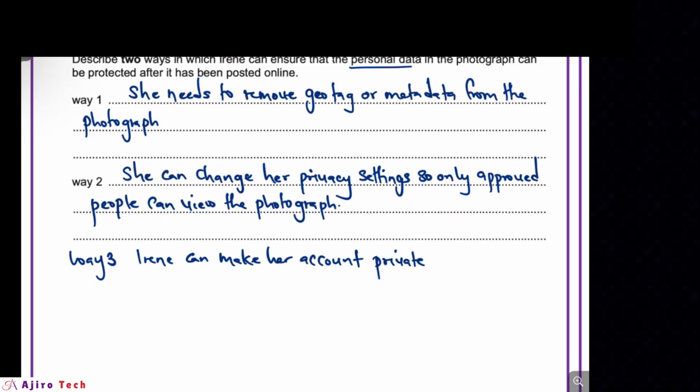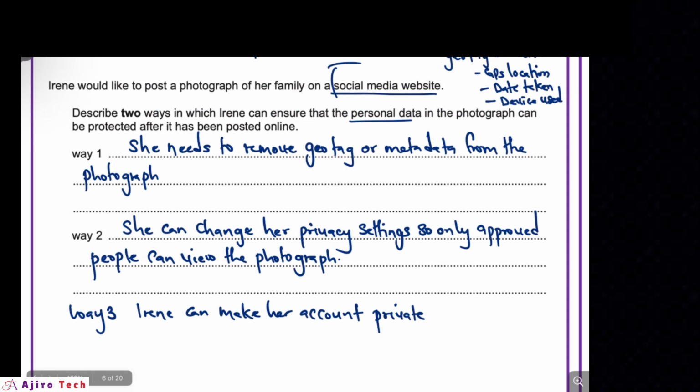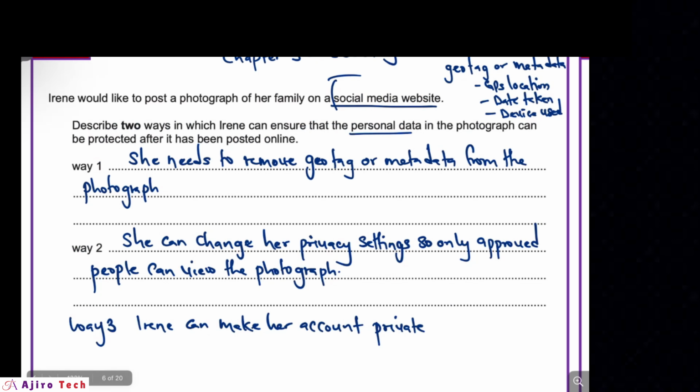So she will just have this photograph with the family, having a good time, and people don't have to know where that particular photograph was taken.